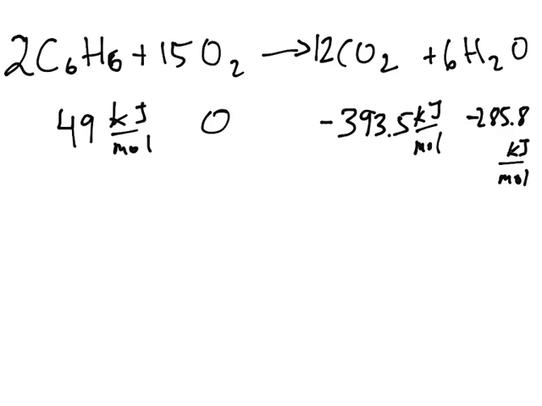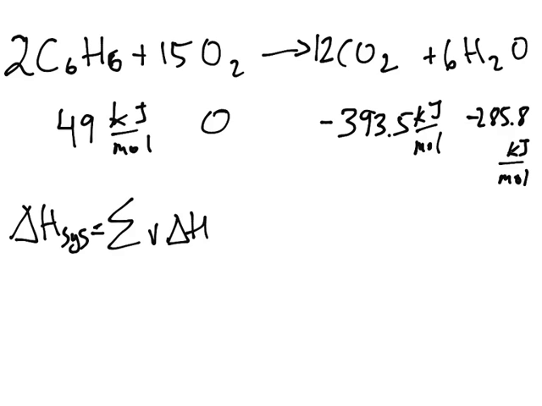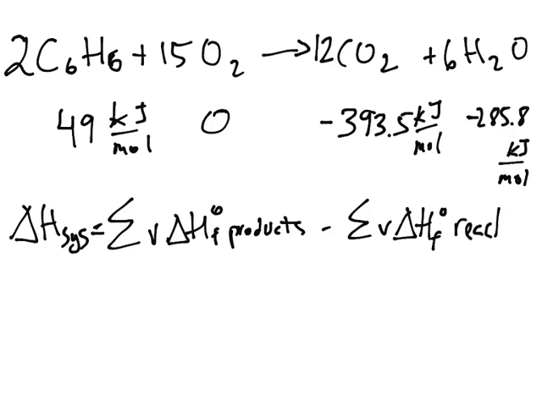And Hess's law stated that the enthalpy change, which is what they're asking, is going to be equal to the sum of V delta H of the products minus the sum of V delta H of the reactants.